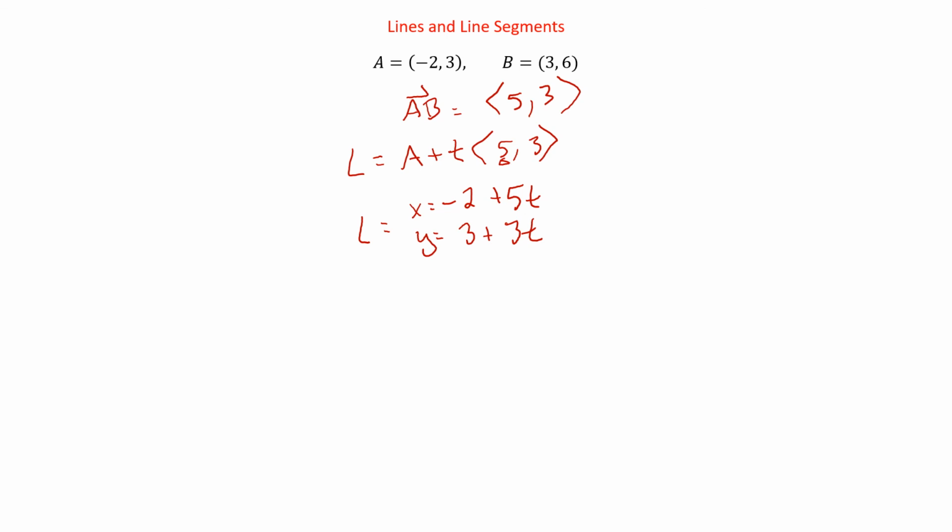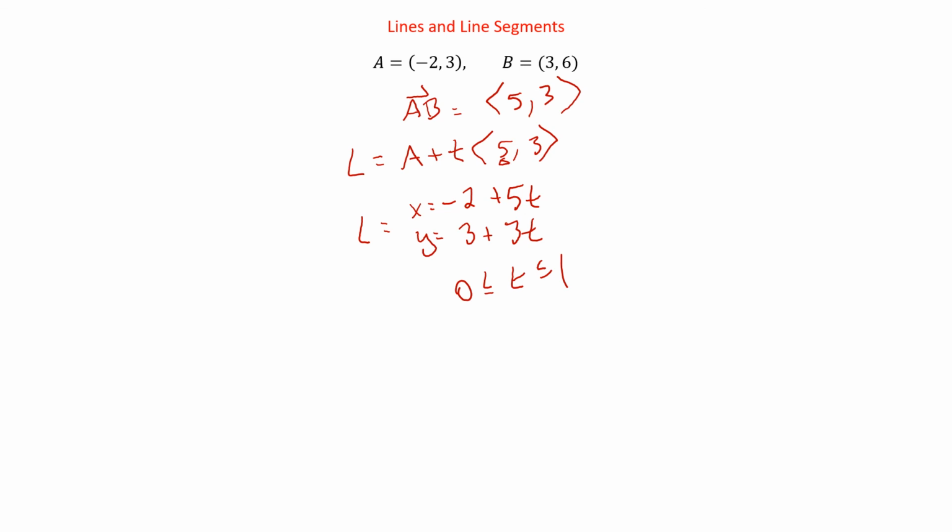But what's fun is that if we know the two endpoints, like in this case A and B, and we use these two endpoints to find that vector for the slopes, the interval is going to be from 0 to 1. Because when t equals 0, we start at A. When t equals 1, we're at B.